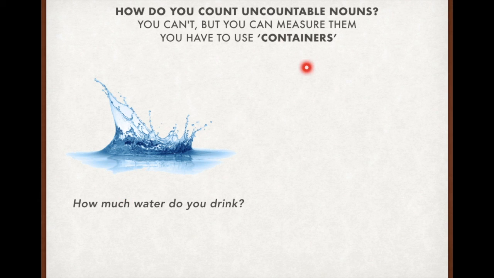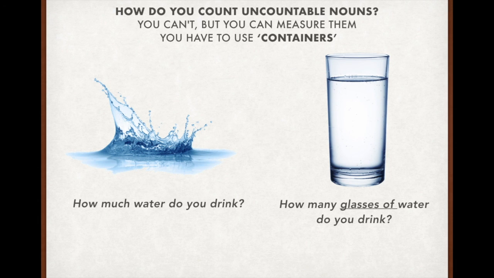But if I want to measure, I use a container. In this case, a glass of water. So you see how much water, but on this side we have how many glasses of water do you drink. You see how it changes? So water is uncountable, but glasses, you can count glasses. Maybe you have 8 glasses of water a day? Or maybe 5 glasses of water, I don't know.